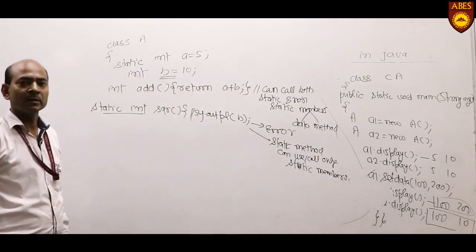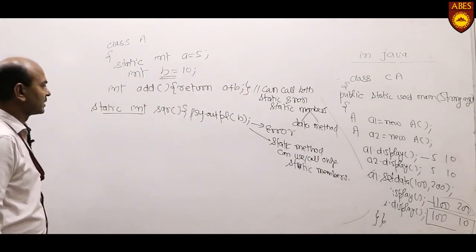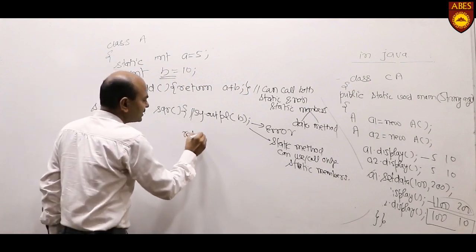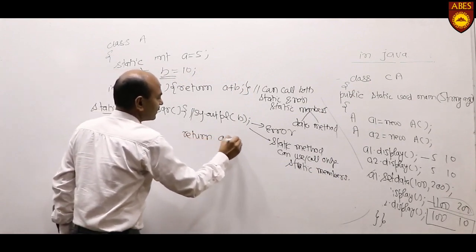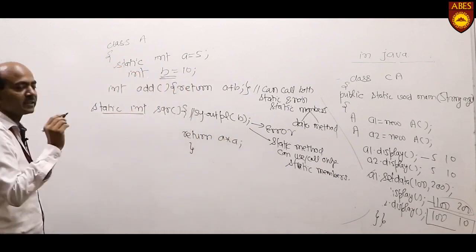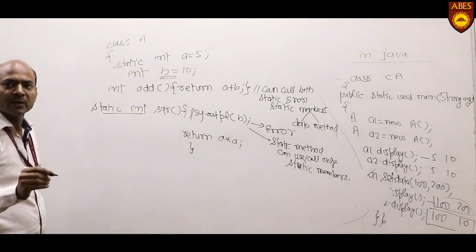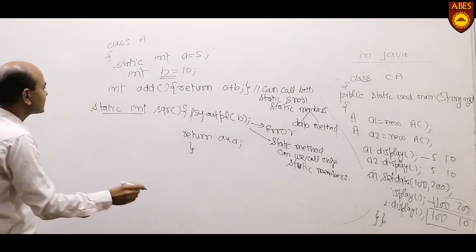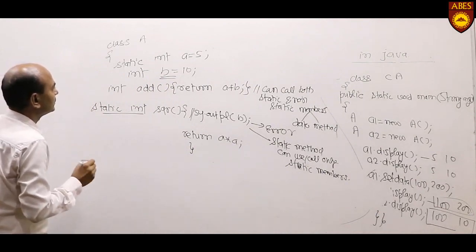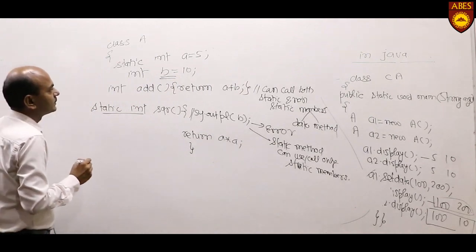It cannot call non-static members. So I can write only return a into a. This is okay. I cannot use a non-static data member or non-static method inside any static method. So this is the case.